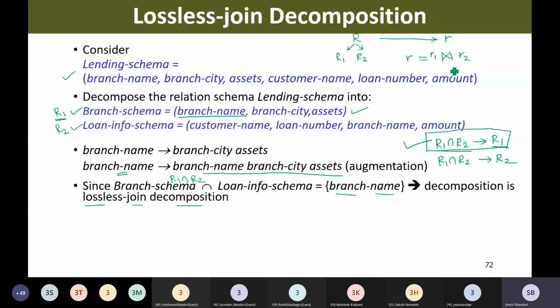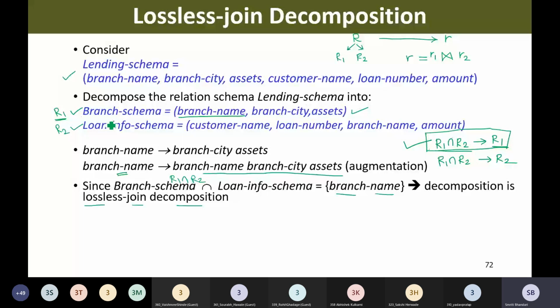Whatever the common attribute is, if that common attribute forms the super key for either relation 1 or relation 2, then we say that it is lossless join decomposition. So this is a very important condition to check whether our decomposition is lossy or lossless.